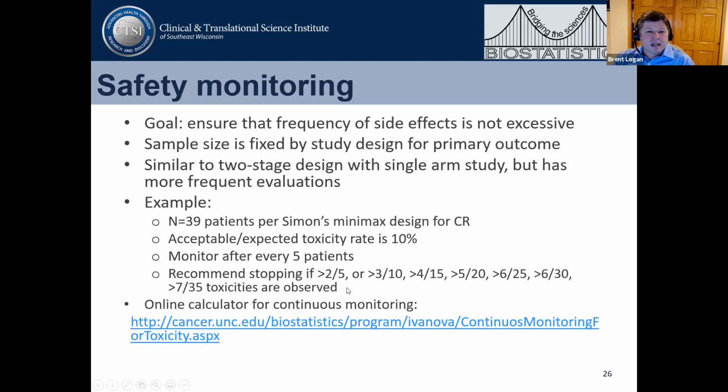Well, we could develop a stopping rule or monitoring rule that would recommend stopping if more than 2 out of 5 or 3 out of 10 or 4 out of 15 and so forth patients have toxicity observed. And there are calculators for figuring out how to set up those stopping rules as well.